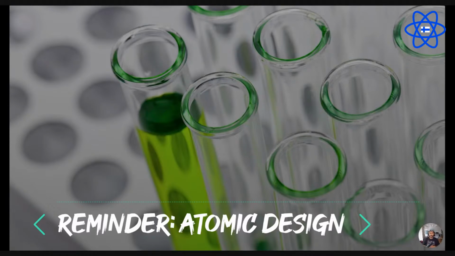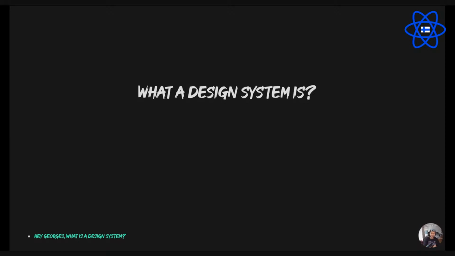That was a concept that was invented in the past, probably something like 10 years ago, and designers and developers as well are focusing on this concept as atomic design, because this is probably the best one we can handle in terms of design system development. So first, what a design system is from a developer perspective.